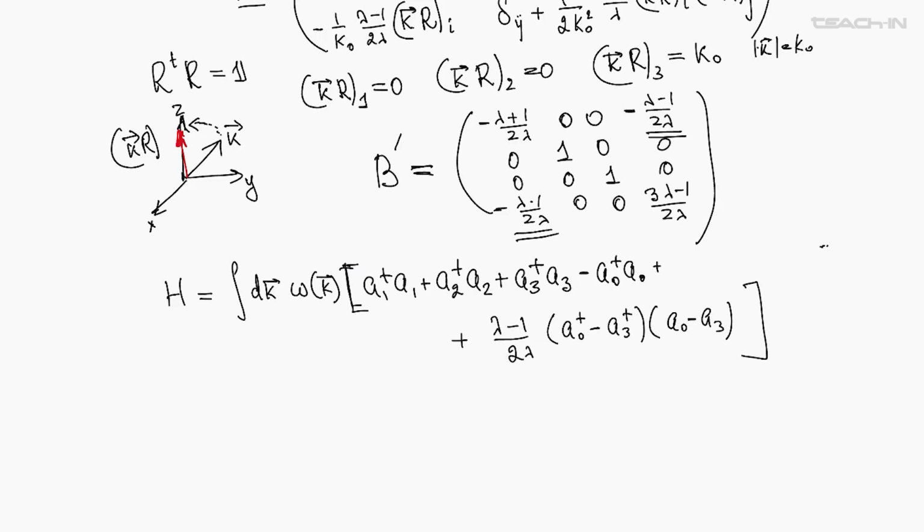For lambda equal to 1, this term disappears, and then you see this expression, which is nothing else than, if you wish, minus eta mu nu a mu dagger a nu.